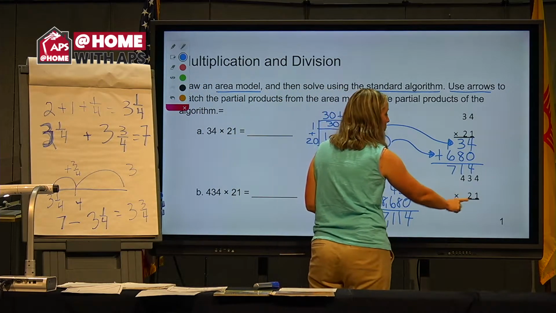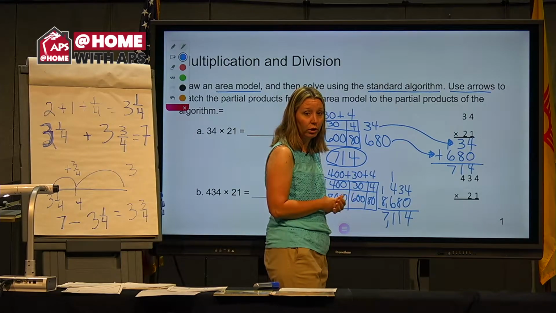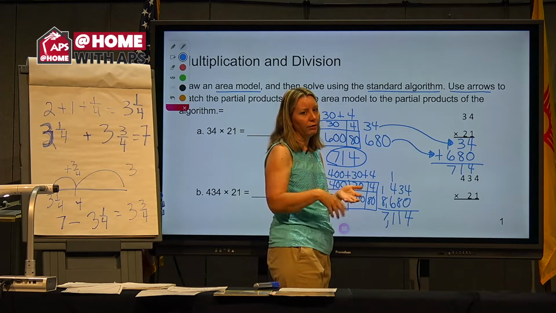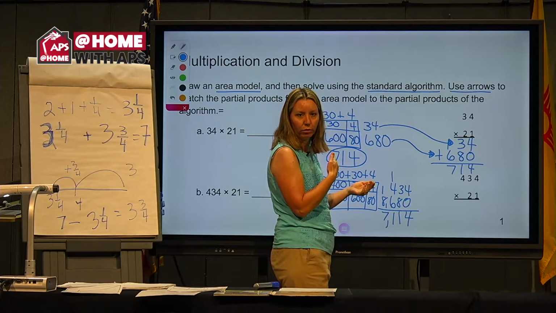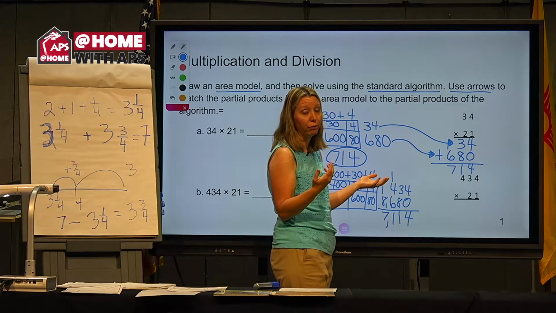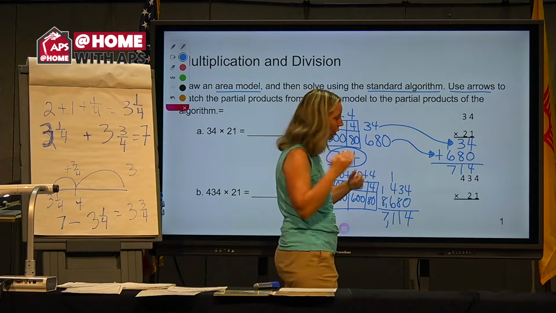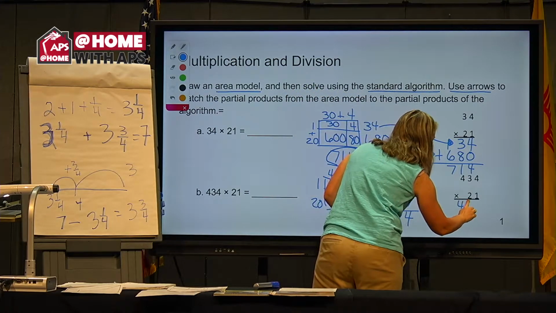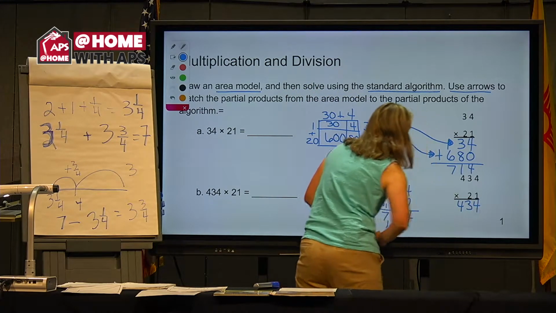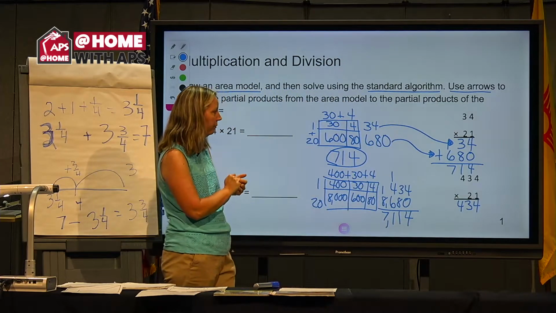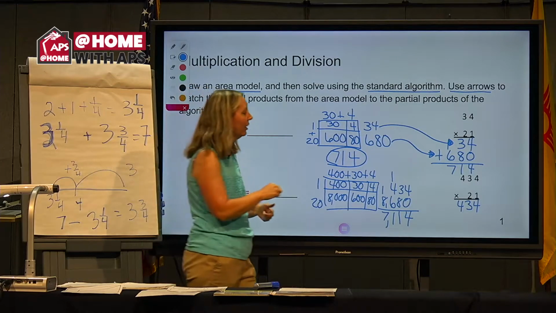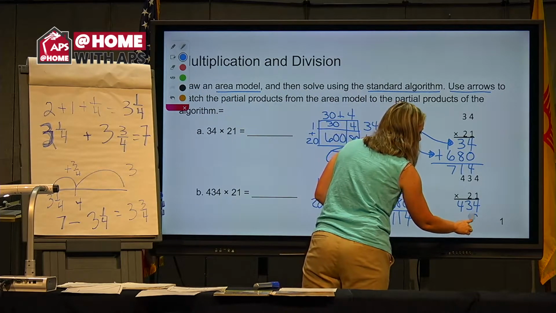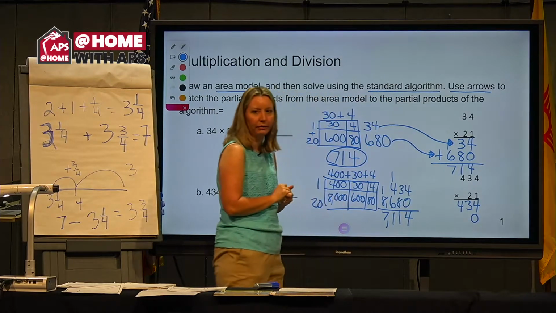Again, I'm going to multiply 1 by 434 first. A lot of you can say, well, I could multiply 1 by 4, 1 by 3, 1 by 4. Or we know that 434 multiplied by 1 is 434. All right, now let's multiply 2. So 2, 20, yep, we know it's 20 because the 2 is in the 10 spot.